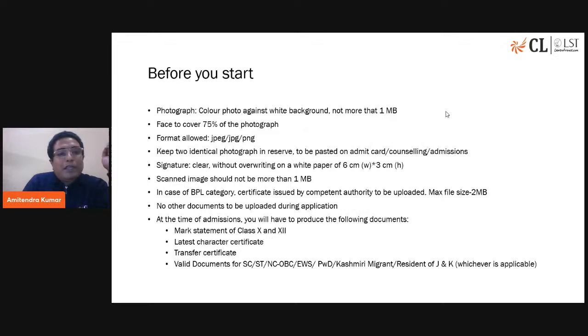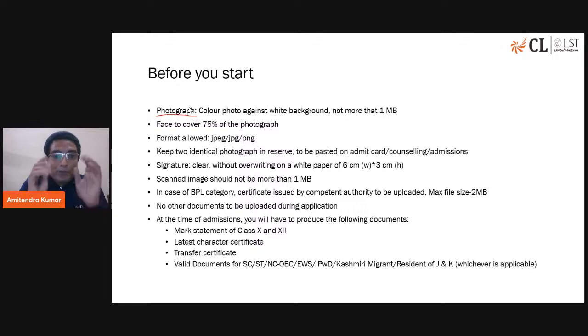Now, coming to the application form for 2022. There are a few things which you need to have with you before you even start the application form. First of all, you need to have a mobile number which you are going to use at least till the admissions get over. Along with that, there is a requirement for a photograph. A color photograph has to be there against a white background.